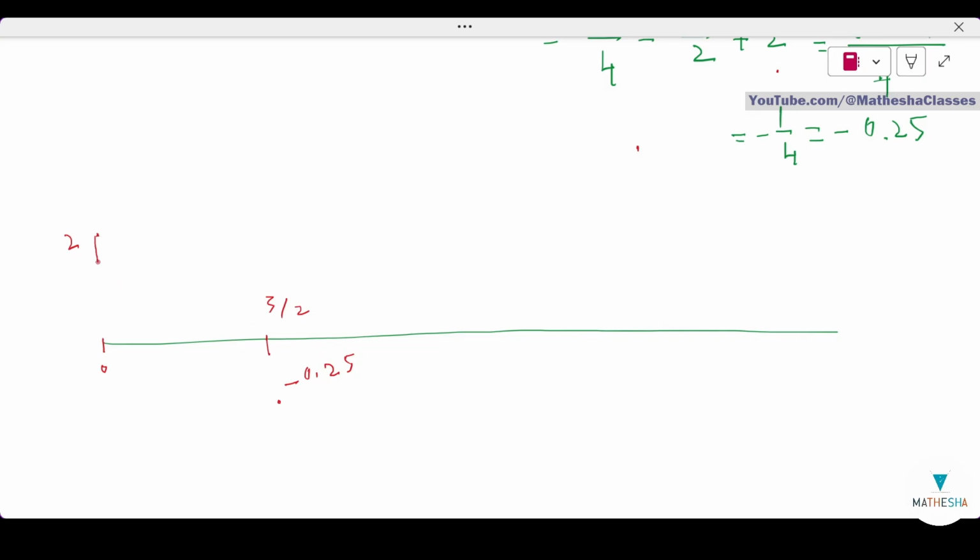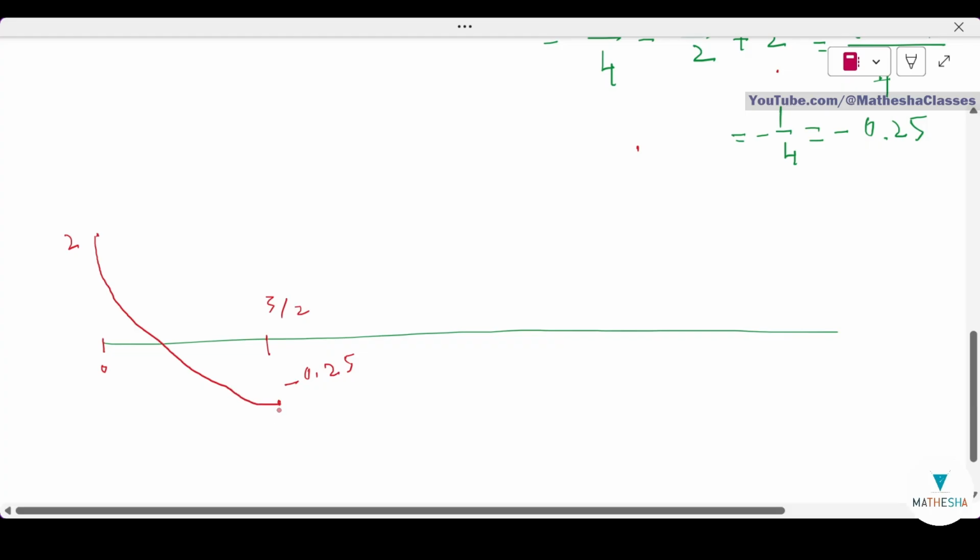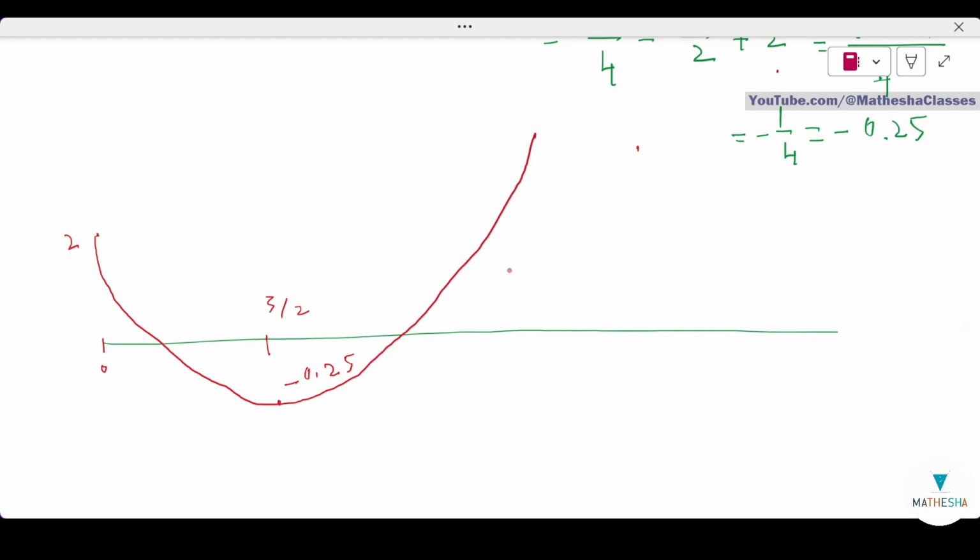So that will come down up to this. And then after that, it will go up. It is increasing until it is reaching at 4, where the value is 6. So that's how G will look like. So that is the curve of G.